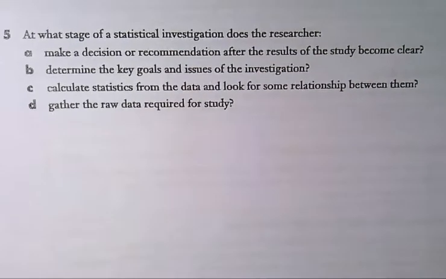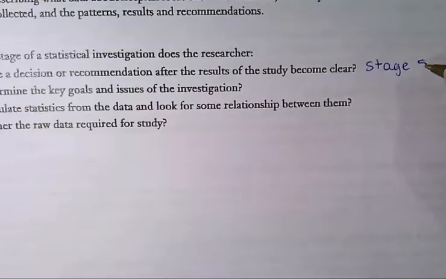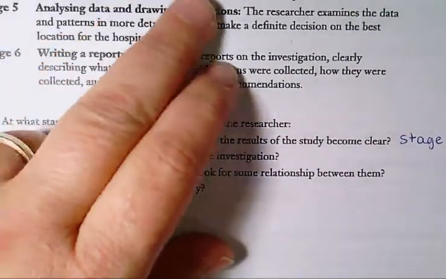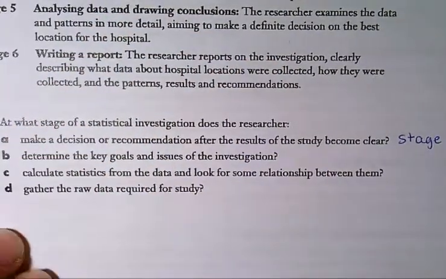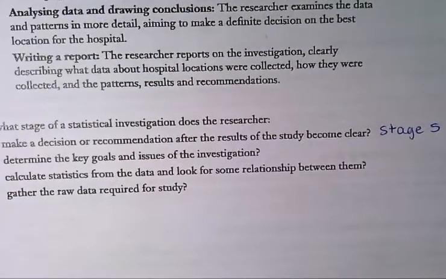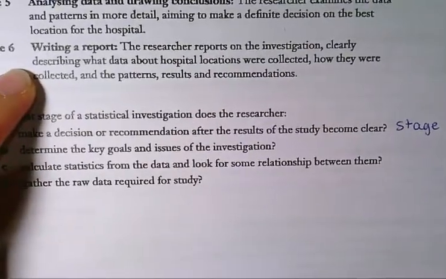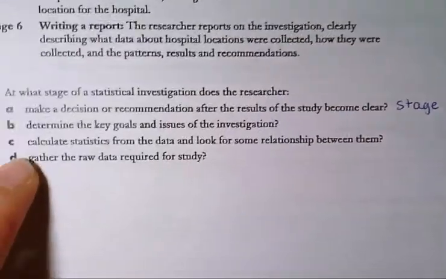You can think of what that might be, and that would be stage 5. Once they've analysed the data, they'll draw conclusions, and when those conclusions are drawn, they can make a decision from there. And then they'll write the report after that. Okay, so it's stage 5, analysing data and drawing conclusions.